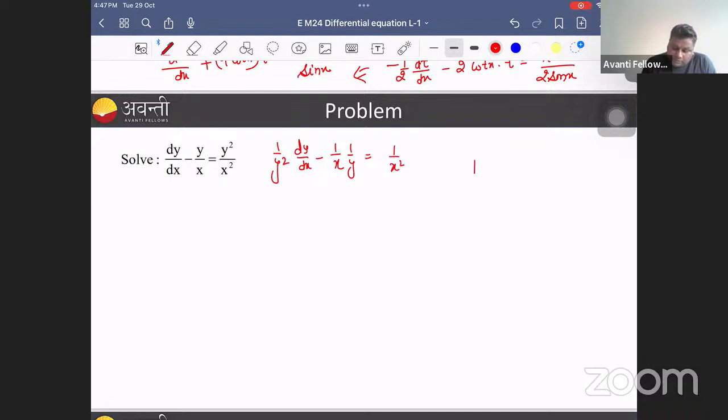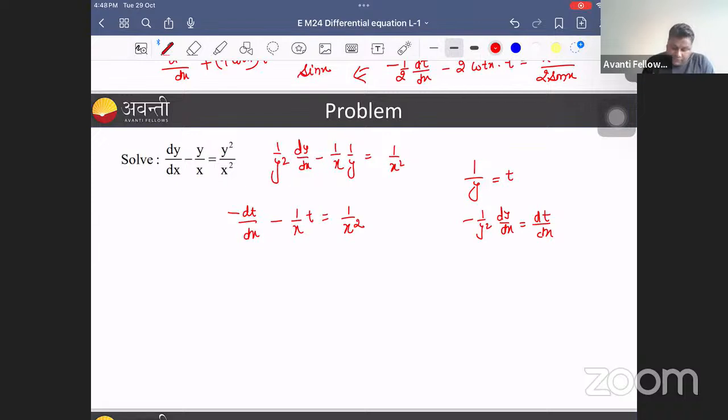So now, first of all, replace 1 by y as t. So minus 1 by y square dy by dx will come as dt by dx. Am I correct? So minus of dt by dx minus 1 by x into t is 1 by x square. Got it?